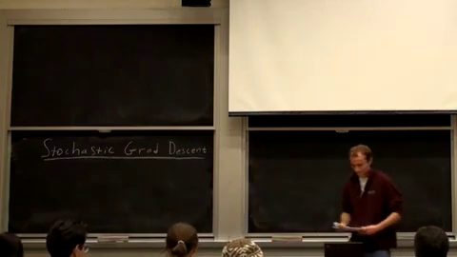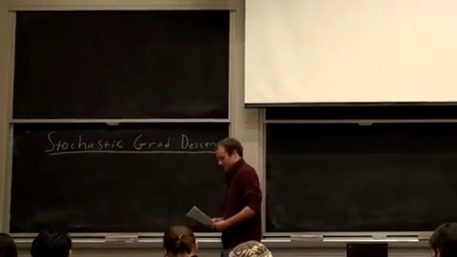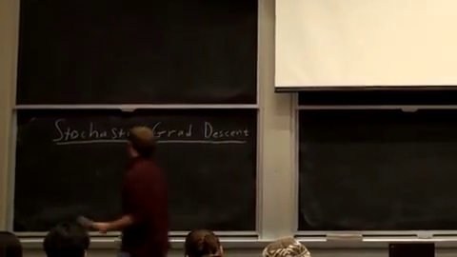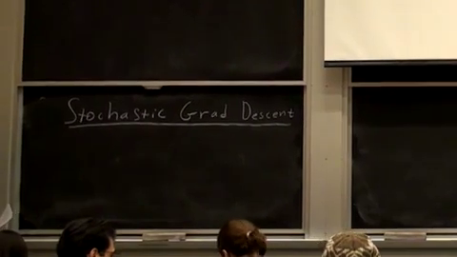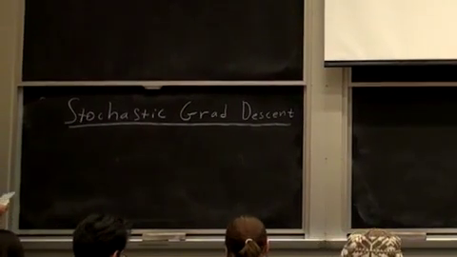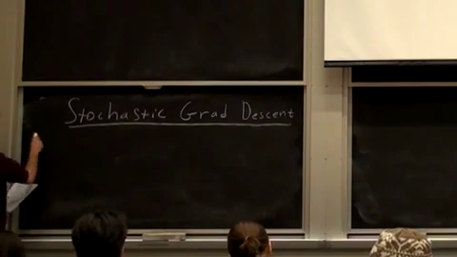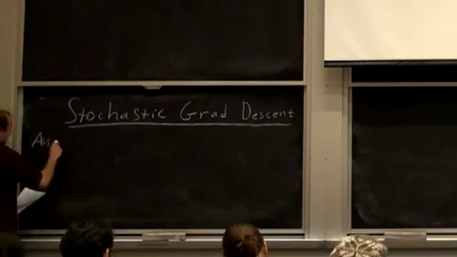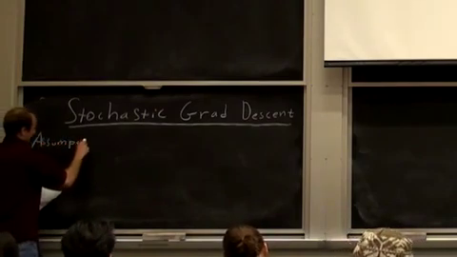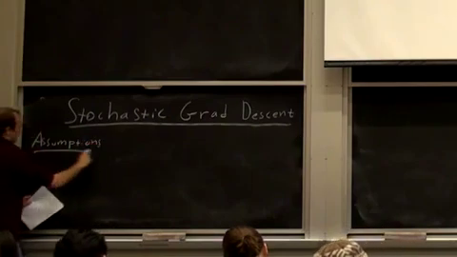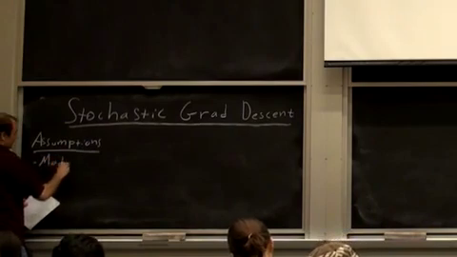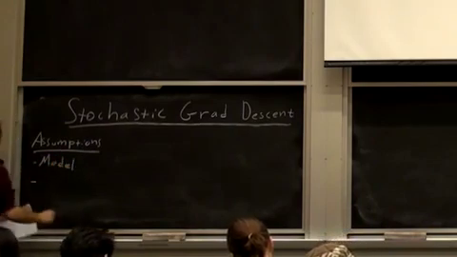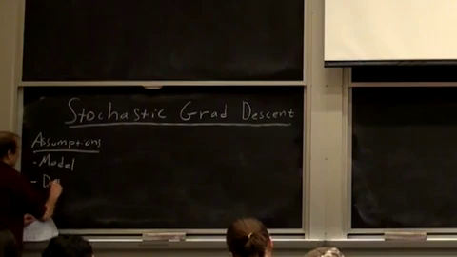So, as you may remember last time, we were talking about different assumptions that we've used in all the techniques we've applied so far. We assume that we have a model of the system, that the system is deterministic.